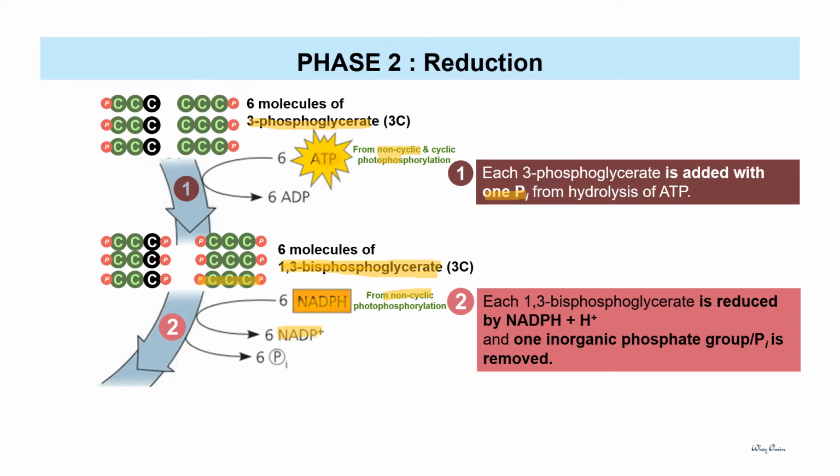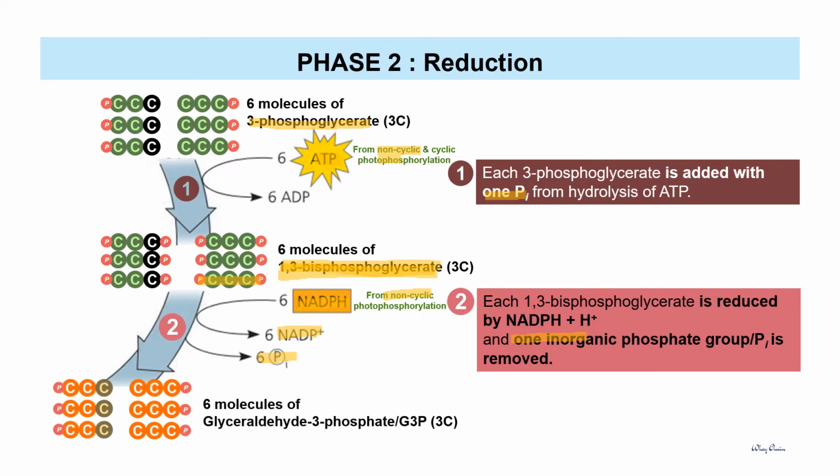With the reduction, the molecule becomes high energy. So immediately, each of it will remove one inorganic phosphate group. This is why 6 inorganic phosphate groups are released from the group of 1,3-bisphosphoglycerate. And they will become a reduced compound, glyceraldehyde 3-phosphate, or G3P.